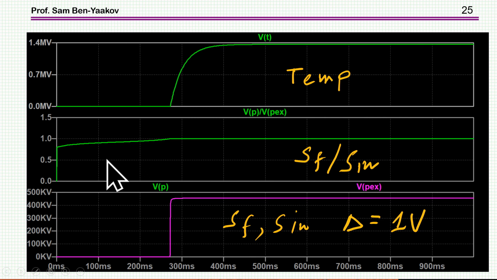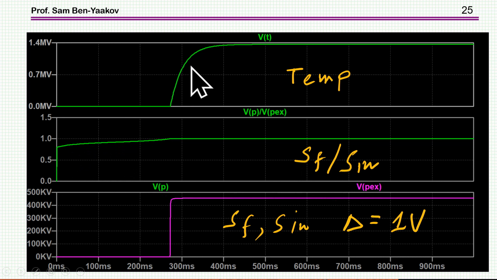So here it is. What I see here is, again, time, but the voltage is constant, okay? So at the very beginning, this is SF and SN superimposed. This is the excitation and the feedback and the feedback system. This is the ratio SF over S in, here it is. This is the ratio.